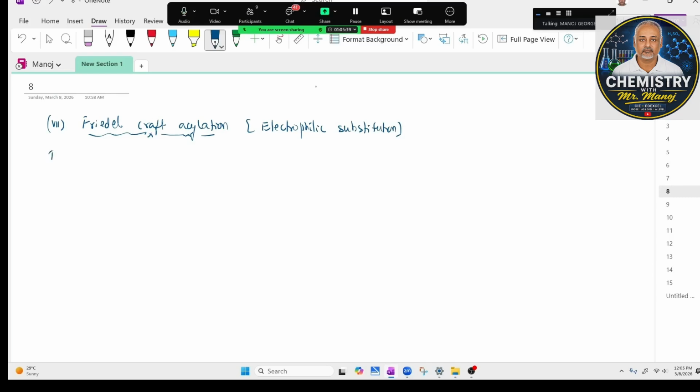So this is to introduce the RCO group. There you go. That's it. Just remember this. This is to introduce the RCO group into the benzene. That's the main challenge. So I need somebody who can give me this. You already know what R means. R is the alkyl group. Okay. So the best reagent to work with is acyl chlorides.